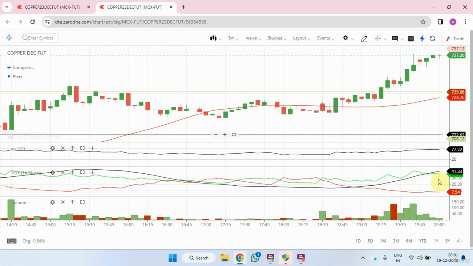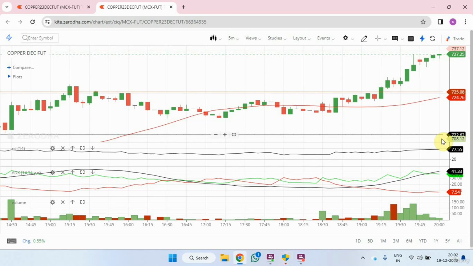ADX tells about trend strength. Trend means uptrend or downtrend, whatever trend is there. RSI is a leading indicator, used for entry and exit points. 0 to 20 is oversold and 80 to 100 is overbought.